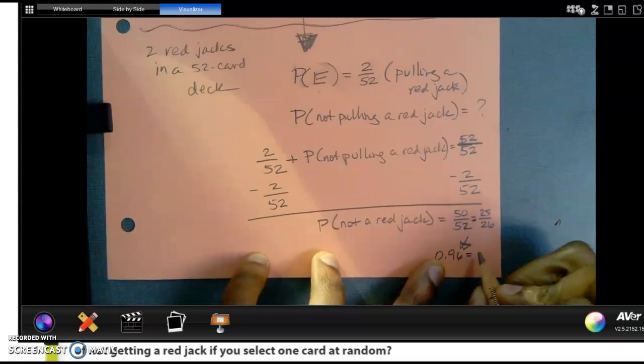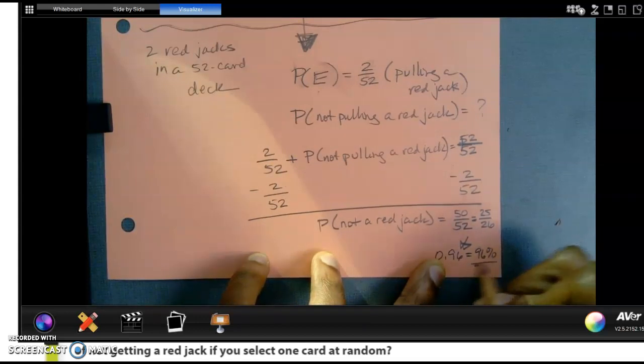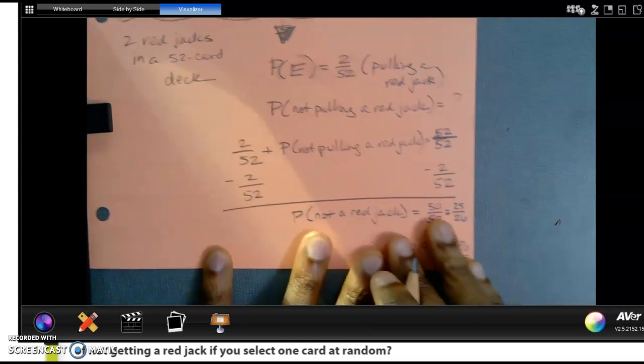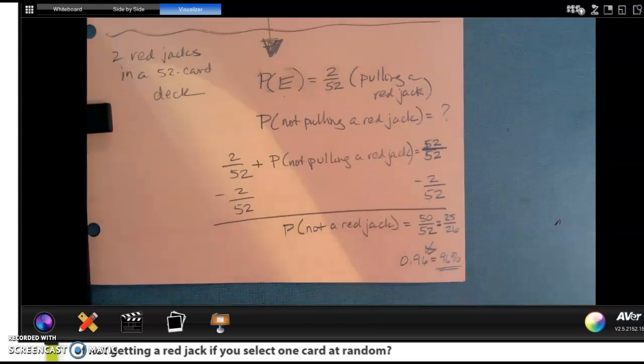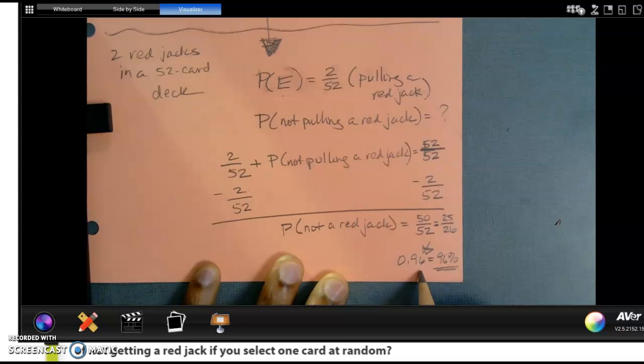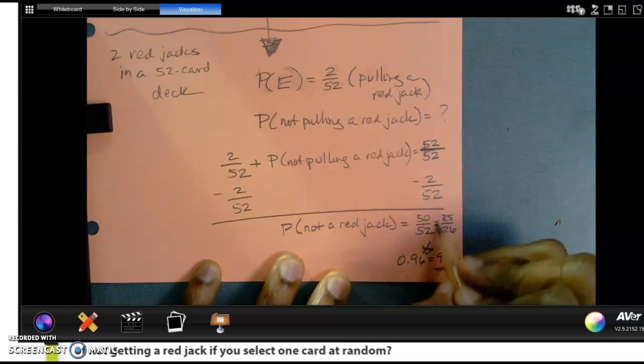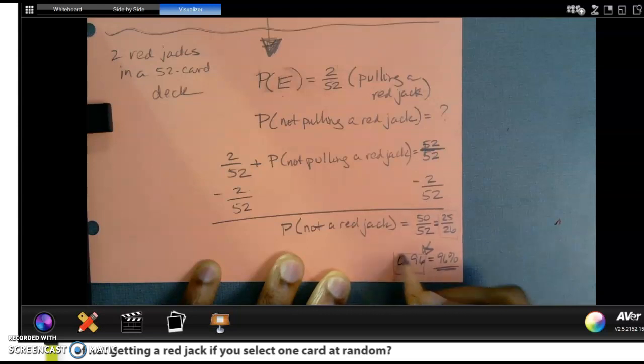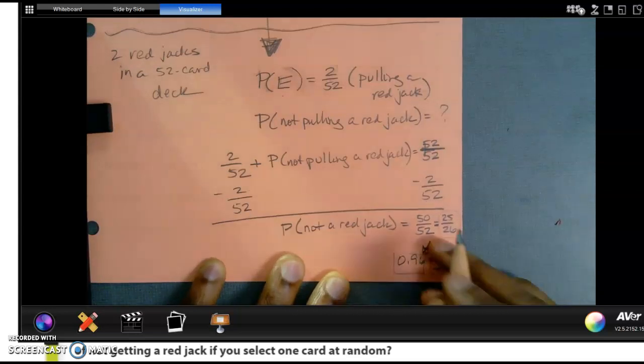I'm going to equate that to about 96% as a percent. So overwhelmingly, the probability of the complement is the exact opposite of the event, in this case not pulling a red jack. We see that there's an overwhelming possibility that I would not pick a red jack, phrased as a ratio or fraction, as a decimal, and as a percent.